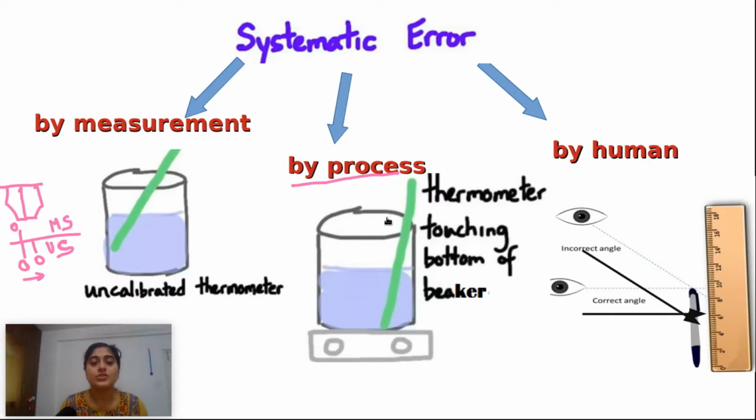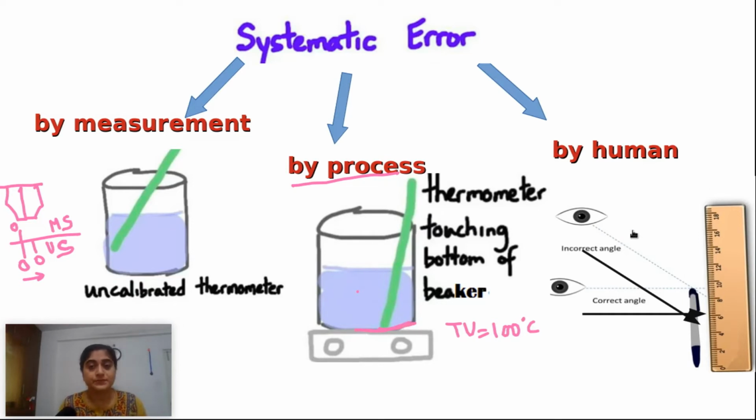If you are using a wrong procedure, for example the thermometer is touching the bottom of the beaker, then the temperature of this surface, which is made of some material, is what the thermometer will show, not the temperature of the fluid. If the true value of the fluid temperature is, suppose, 100 degrees centigrade, it is not showing the true value of your fluid; it is showing the temperature of the metal in which it is kept.